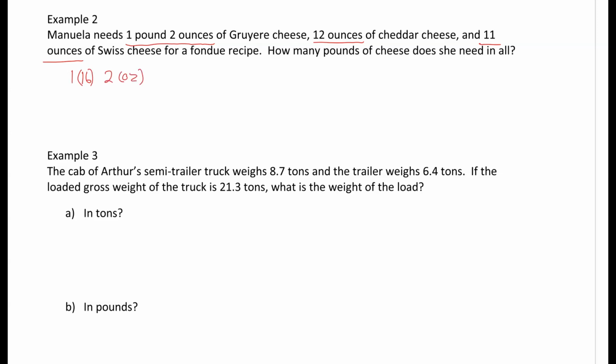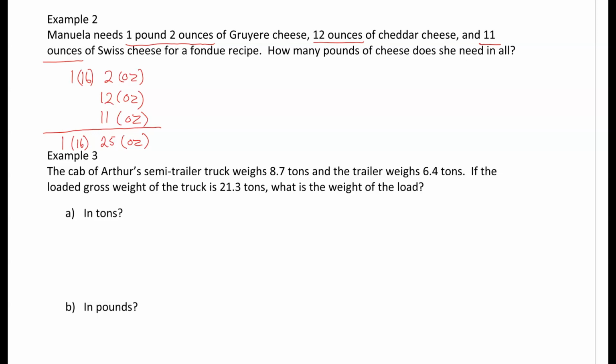Then we have 12 ounces, and we have 11 ounces. So we want to get our total, which is going to be 1 pound, and 2 plus 12 plus 11 makes 25 ounces. So we have 1 pound, 25 ounces of cheese.